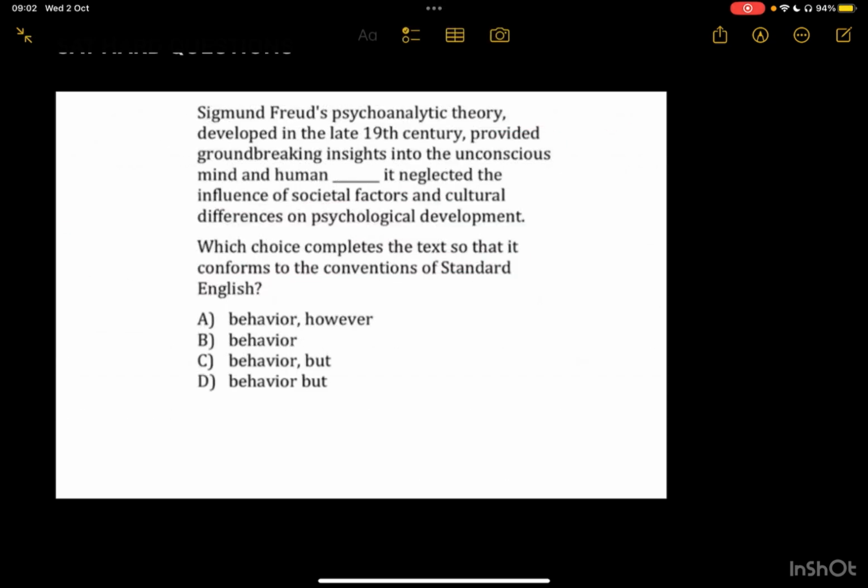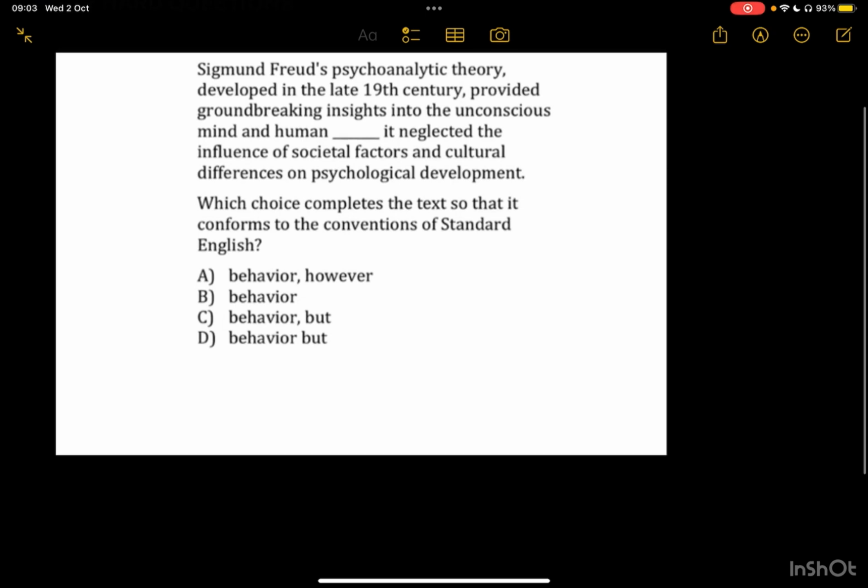So we'll move on with another grammar and reading question. Sigmund Freud, his psychoanalytic theory, developed in the late 19th century, provided groundbreaking insights into the unconscious mind and human blank. It neglected the influence of societal factors and cultural differences on psychological development.